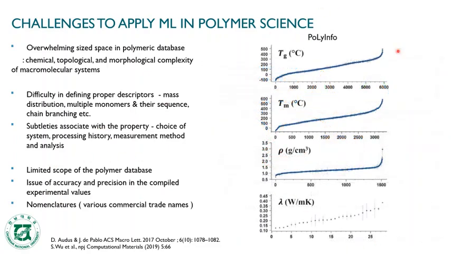This plot shows a few experimentally measured polymer properties taken from one of the large polymer databases named PolyInfo. Different indexes mean different polymers. As you can see here, even for the same type of polymer, these physical quantities have ranges of values, because these properties are affected not only by the choice of system, but also by processing history and how the measurements are conducted.